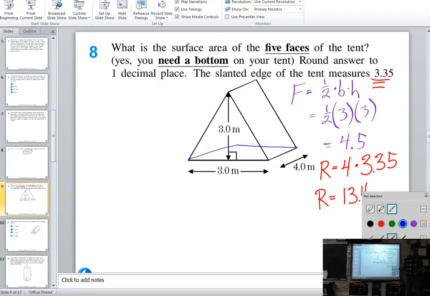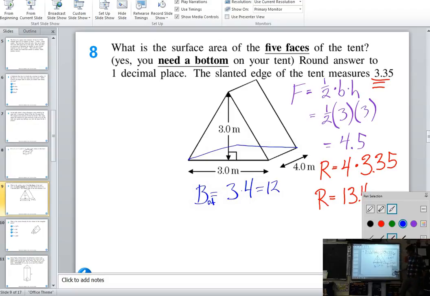Well, what would be, Piper, our dimensions of the bottom? 3 by 4. So my bottom here, and I might label BOT, is 3 times 4, or 12.